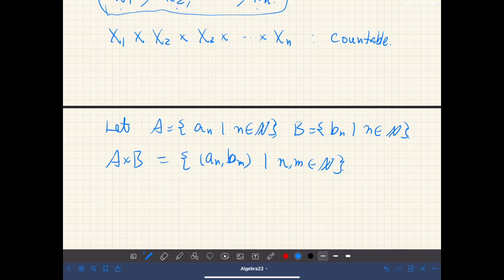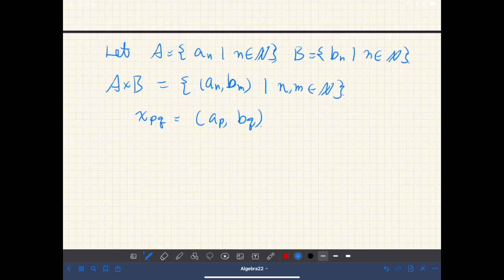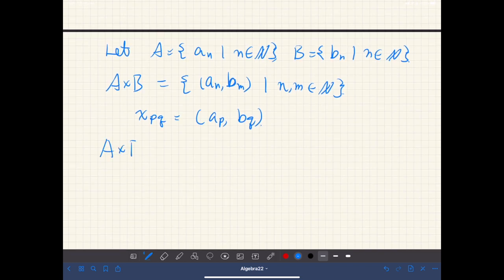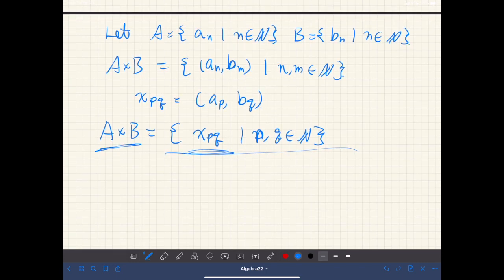But if we put x_pq as (a_p, b_q), then the elements of A times B are something like this, where p and q are natural numbers. And we have seen that this kind of set is countable. So therefore A times B is countable.